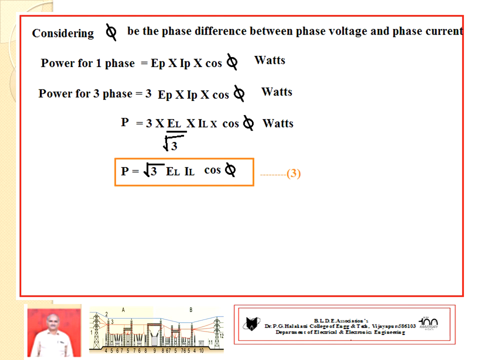Hence, EP into IP, where EP is phase voltage and IP is phase current, into cos phi, in watts. So this is the power for one phase. Now I want to estimate the power for three phases, so you multiply by 3: 3 times EP into IP into cos phi watts.